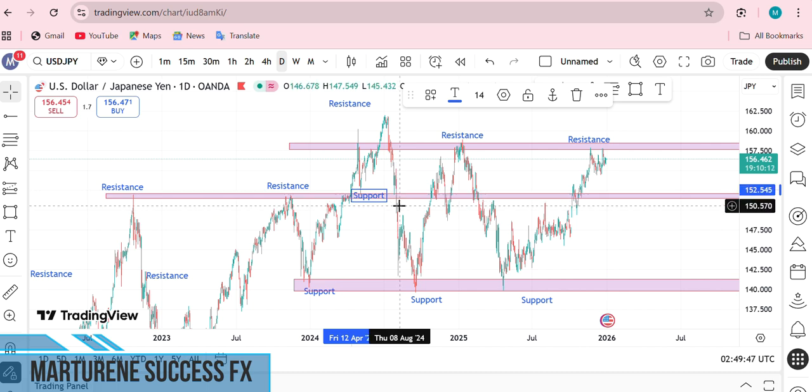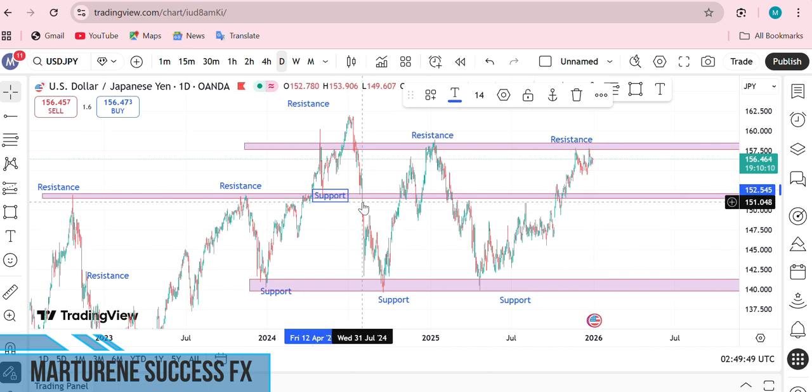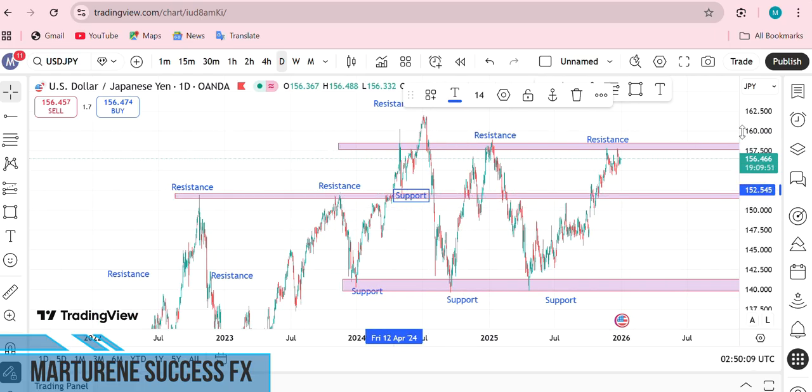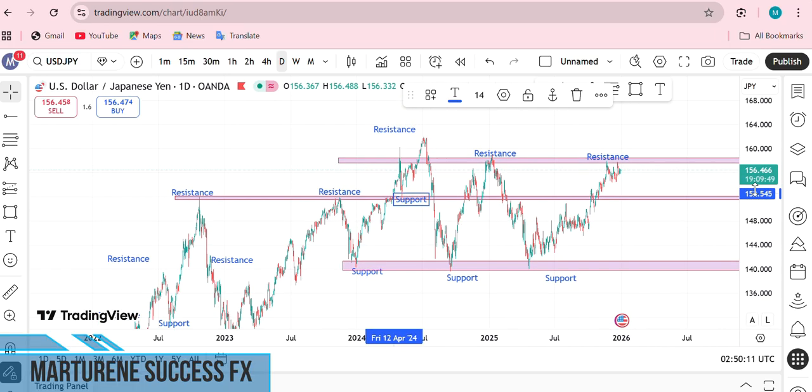And as we can see, the market continues to move down, down and down, okay. So how strongly it breaks will determine how far the market is going to go, okay. So these are the things you need to understand about support and resistance.